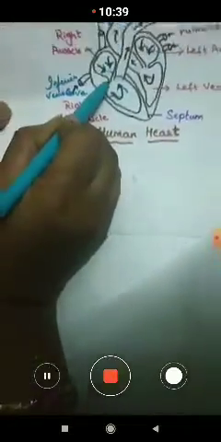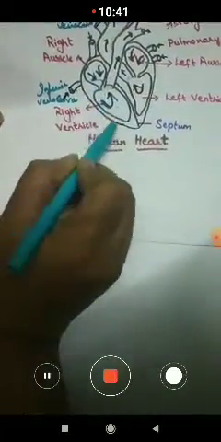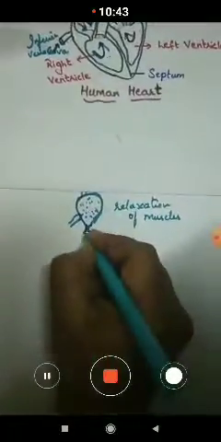As the relaxation of the muscles takes place, what happens? As it is creating the pressure inside, here you can observe the walls are present, children. First it will be closed like this. In this part, at the entrance of the right ventricle, a valve will be present.